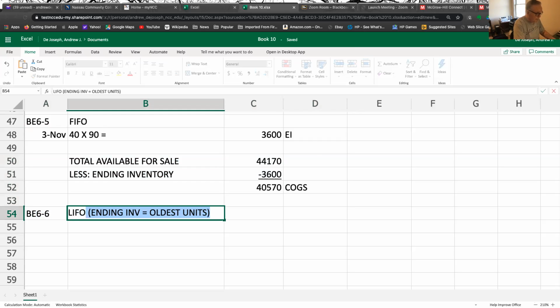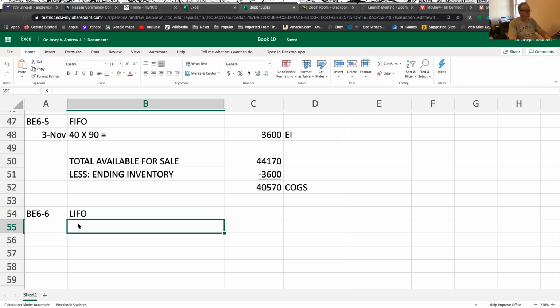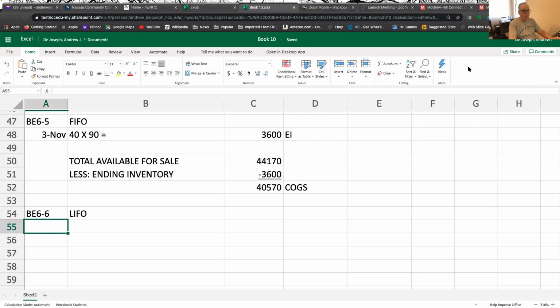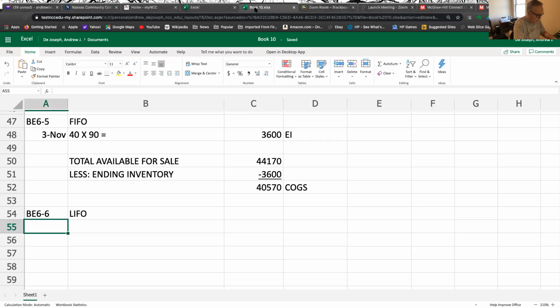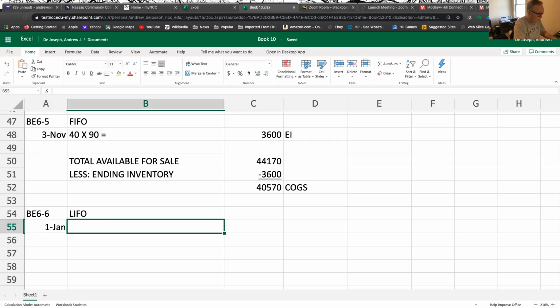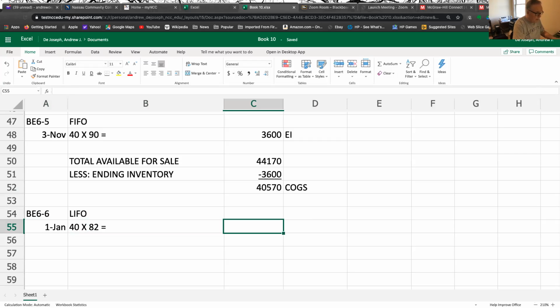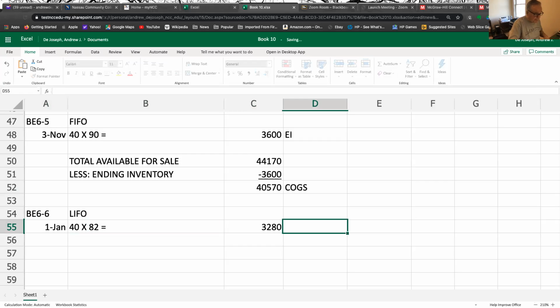BE 6-6 was LIFO. Now, under LIFO, we have the oldest units. Which are the oldest? The oldest are always the one at the beginning. January 1, 40 times 82. So 40 times 82 is 3,280.